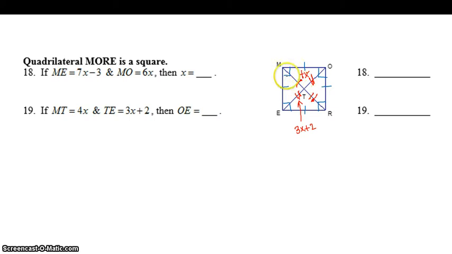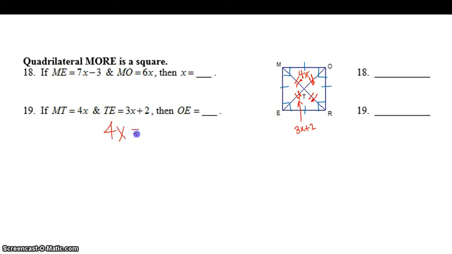So MT is 4x and TE is 3x plus 2. And since diagonals bisect each other and the whole diagonals are congruent, diagonals bisect each other because of the parallelogram piece, and the diagonals are congruent because of the rectangle piece, so I'm going to set those two equal to each other.